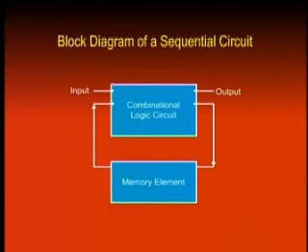As I mentioned before, it is composed of two parts, the combinational logic circuit and the memory element. In the diagram, you see a single input and a single output. The output from the combinational logic circuit is attached to the input of the memory element, and the output of the memory element is attached to another input of the combinational logic circuit.